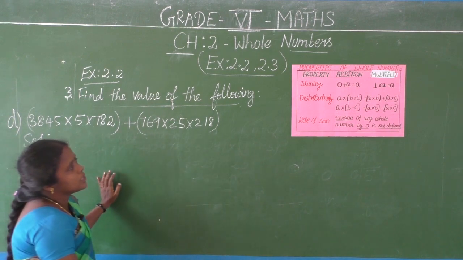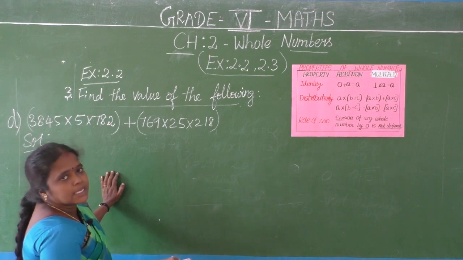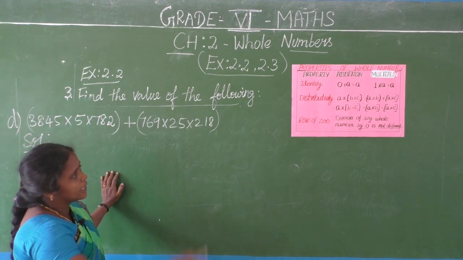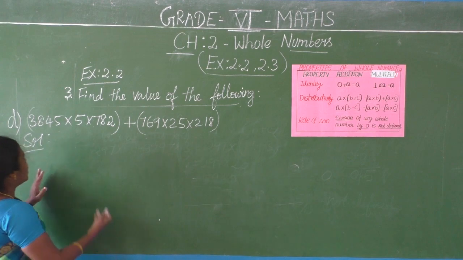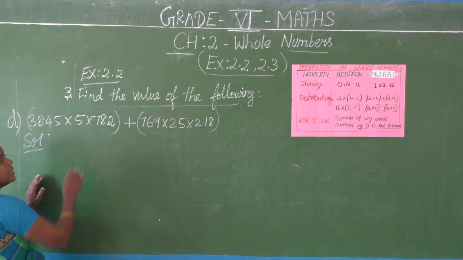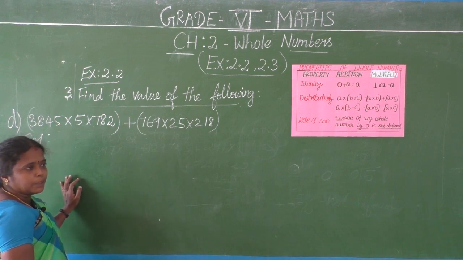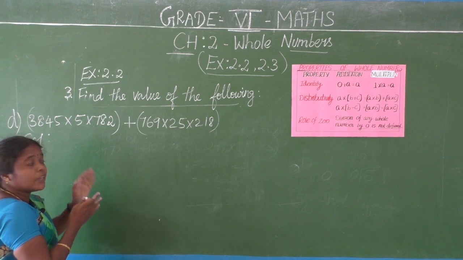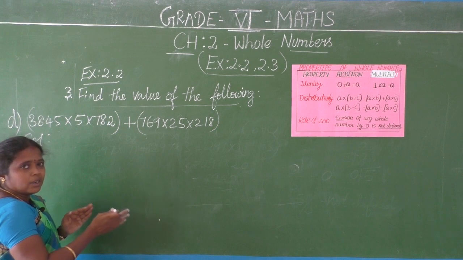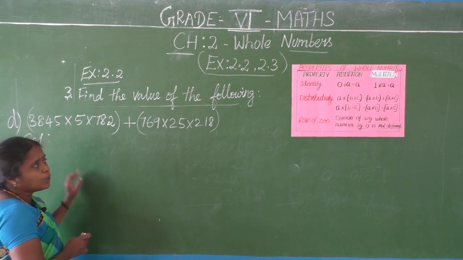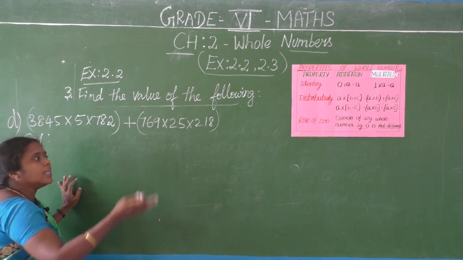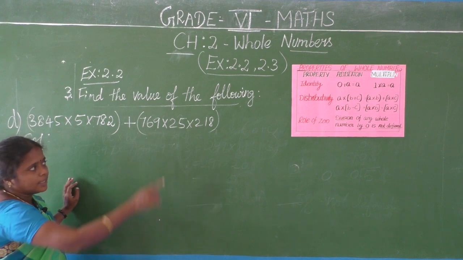But in the formula, just 3 values only, A, B, C, 3 numbers only given. But here we have lot. Here itself 3 numbers are coming in multiple. Here also 3 numbers in multiple. So, we have to simplify the given numbers a little bit. One more step we have to do, and then we will try to match the formula.